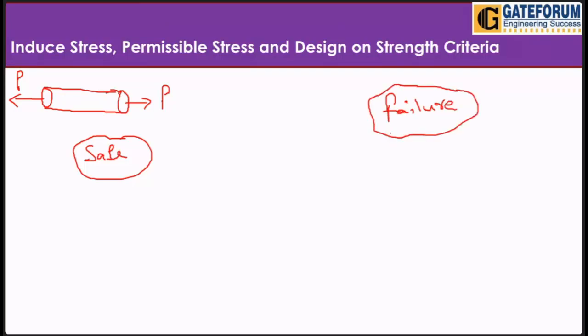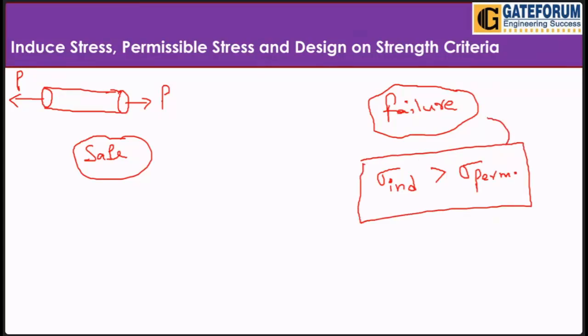Right now I told you that after the lab test of that human being, we come to know 20 kg is the maximum value of load. So what happens if we put more than 20 kg on him? He will die or fail. So if the induced stress is more than the permissible stress, definitely the material will fail.